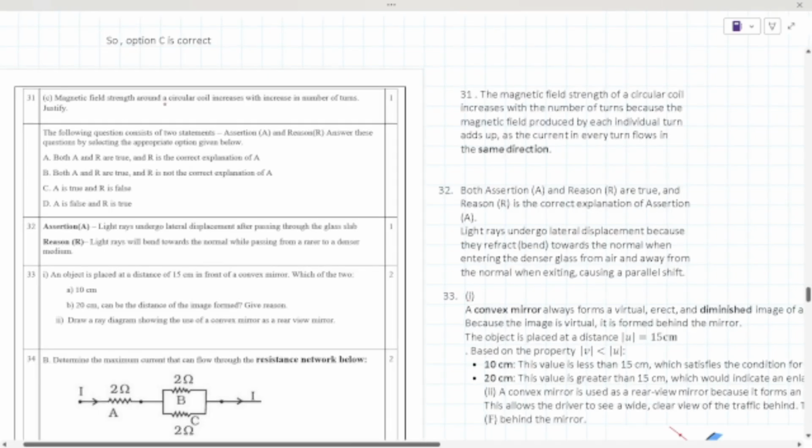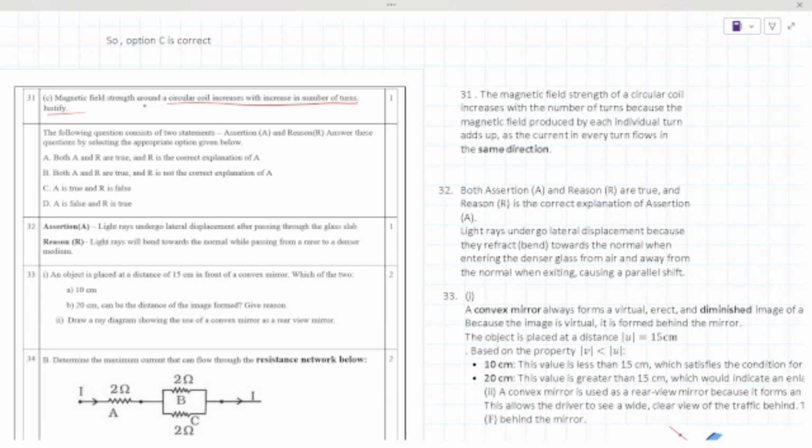Magnetic field strength around a circular coil, what does it imply?